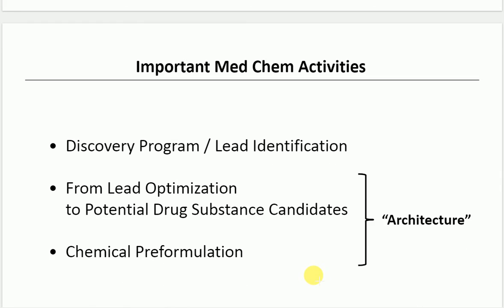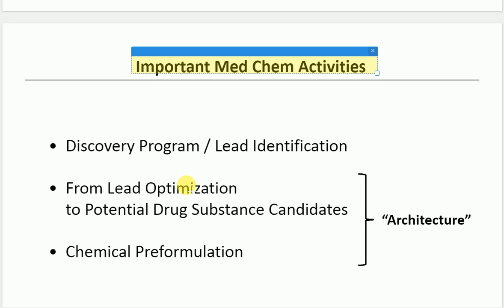Okay. So here are some important medchem activities. Medicinal chemists work for, or a lot of their main joy comes from this discovery program, and not the TV show, I mean through lead identification.